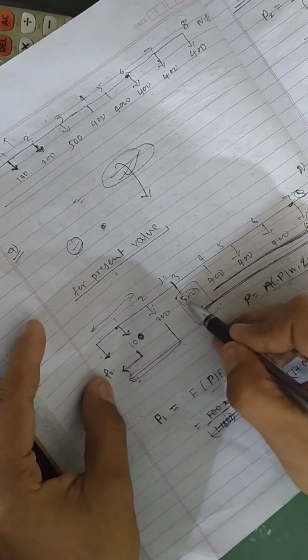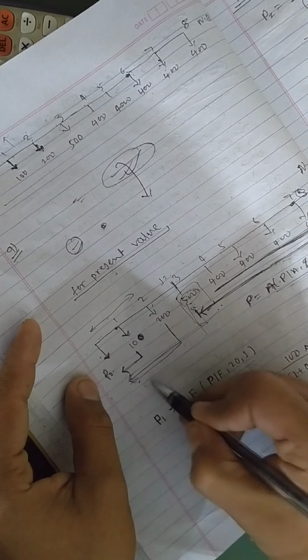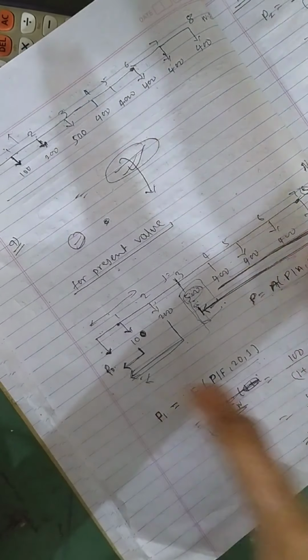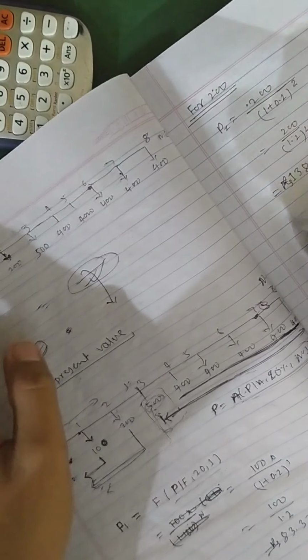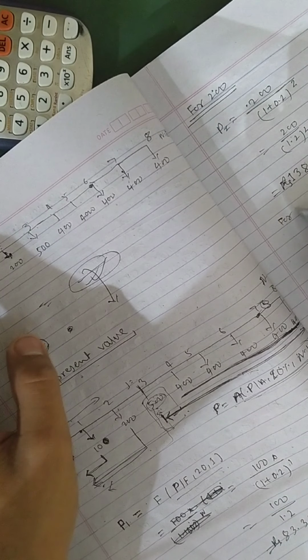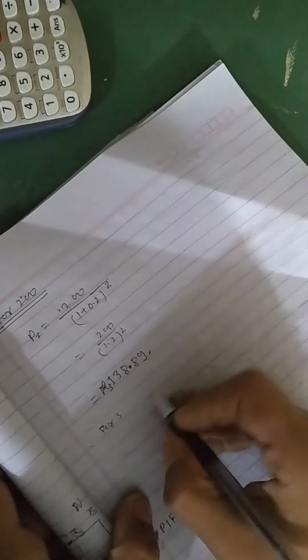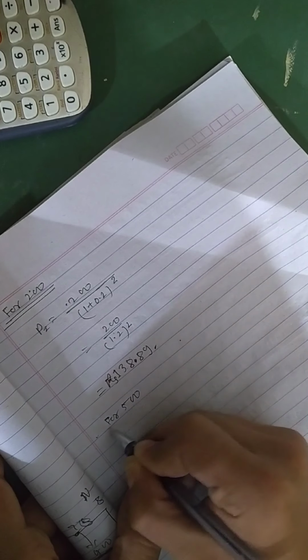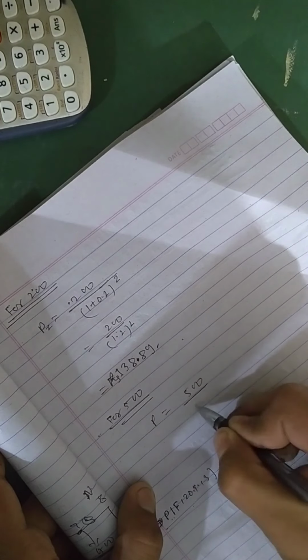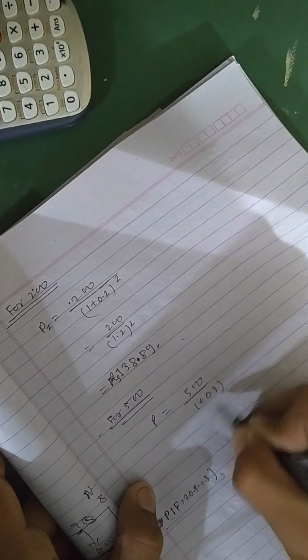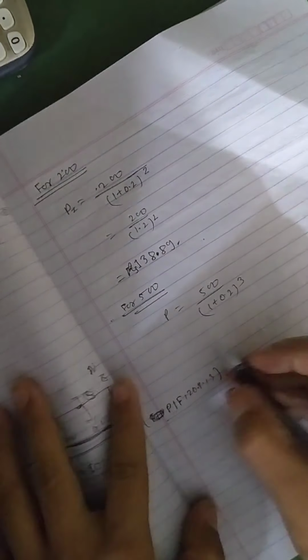So that's why for the 500 I calculate separately. For rupees 500, you have to calculate the present value: 500 upon 1.2 to the power what? The 500 is at 3 years. For how many years? 3 years.